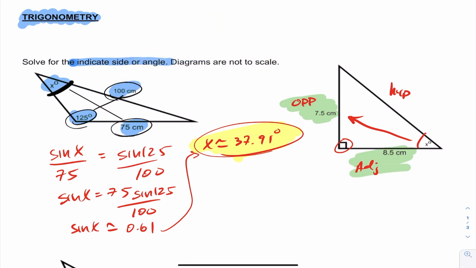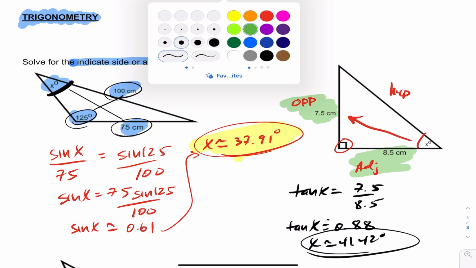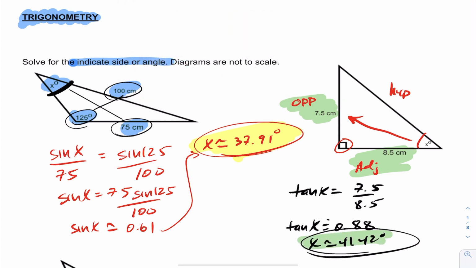So we're going to get the tan of the angle x is equal to my opposite over my adjacent. So the tan of the angle x here is approximately 0.88. And taking that tan inverse, we get 41.42 degrees. So we've got here angle x is approximately 41.42 degrees.